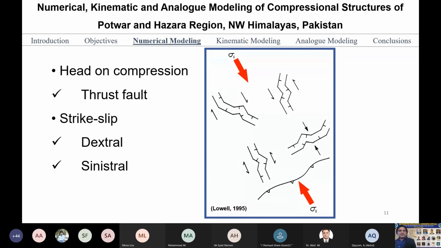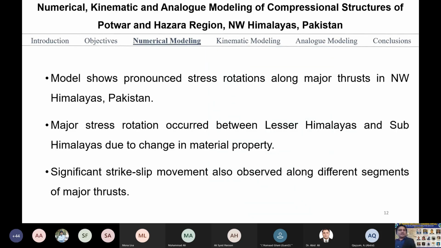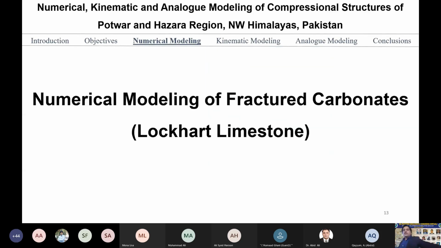So with this, the next part is the numerical modeling of fractured carbonates. In that modeling, I used the Lockhart limestone, which is a producing reservoir in the study area.